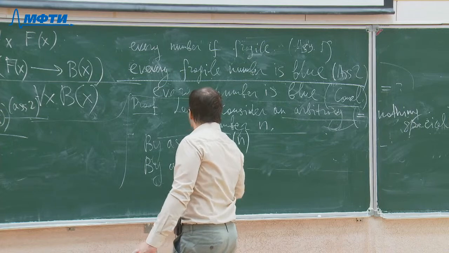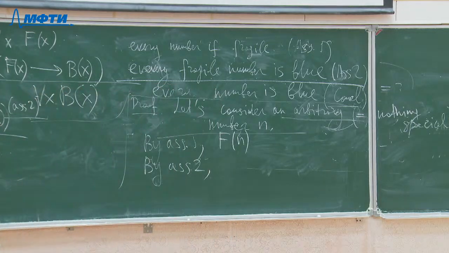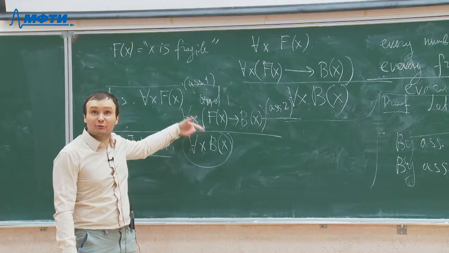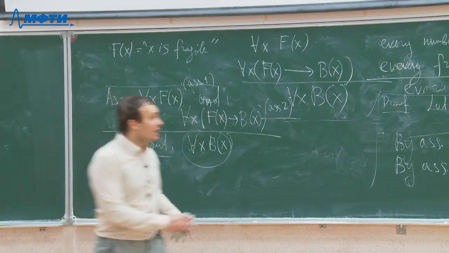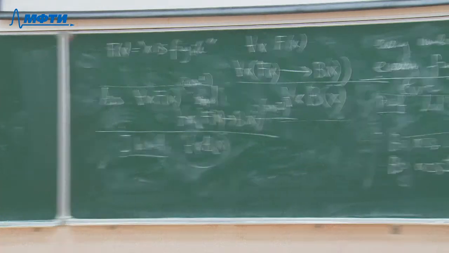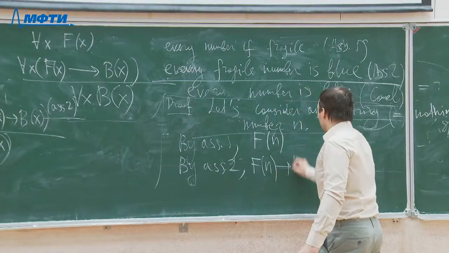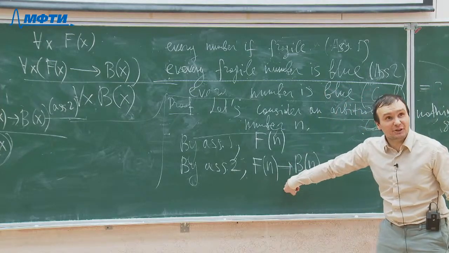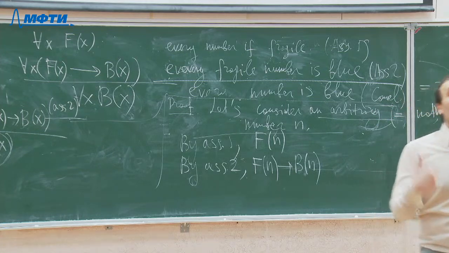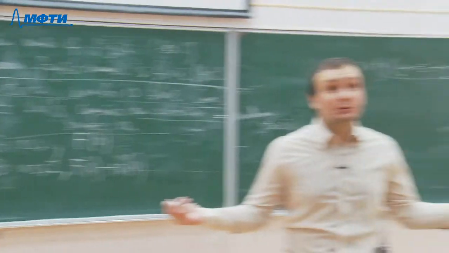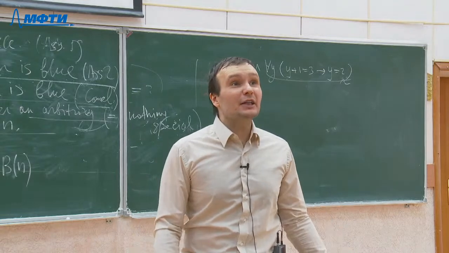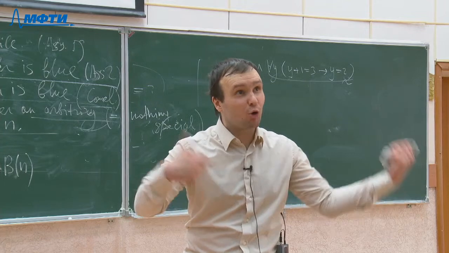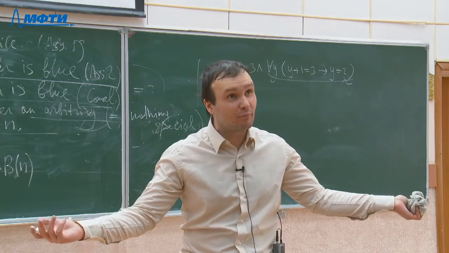By assumption 2, I may substitute n here for x as well. If this implication holds for each x, it must hold for n. So now I have a true implication with a true assumption. An implication is true if and only if its assumption is false or its conclusion is true.